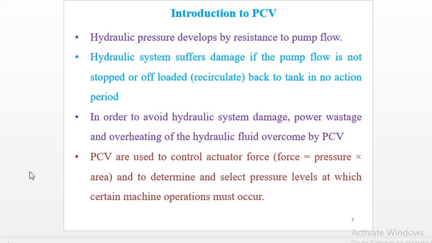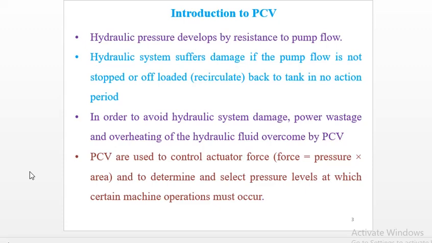A hydraulic system suffers damage if the pump flow is not stopped or offloaded back to the tank in the no action period, or it is going to recirculate if there is no action at the second part. In order to avoid hydraulic system damage, power wastage and overheating of the hydraulic fluid, pressure control valves are used.